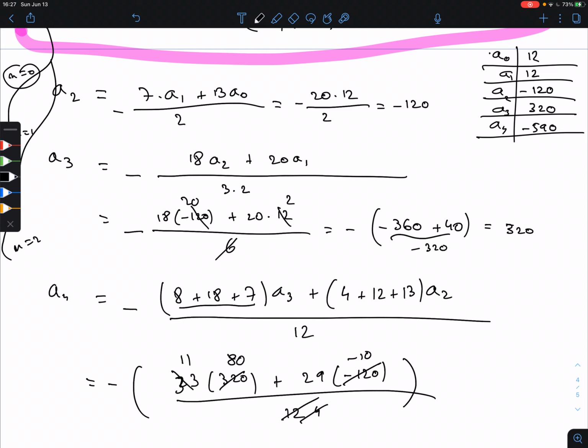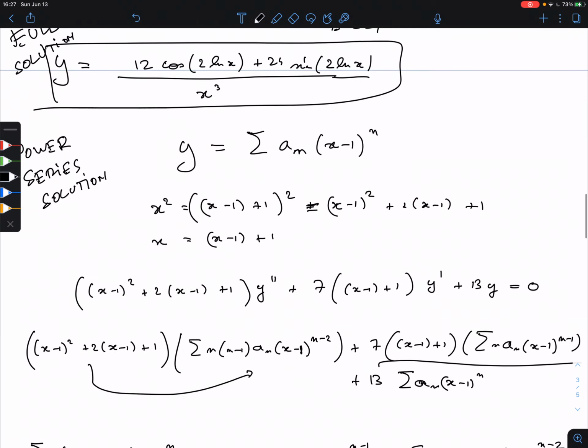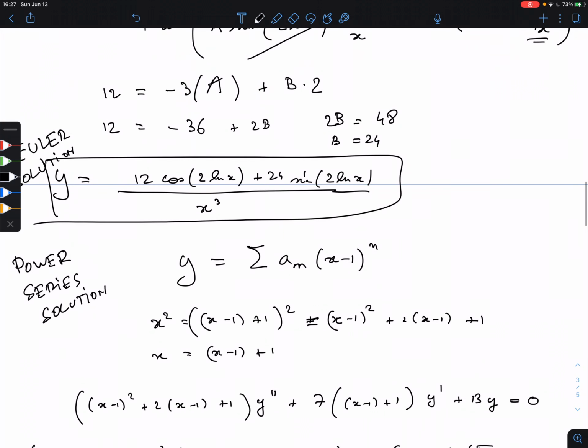I could have made a mistake here, but now compare. This is a function, and it actually converges, it is defined at 1, because we had the initial conditions there. So this is a solution defined on an interval including 1.